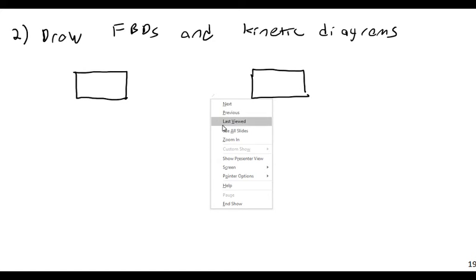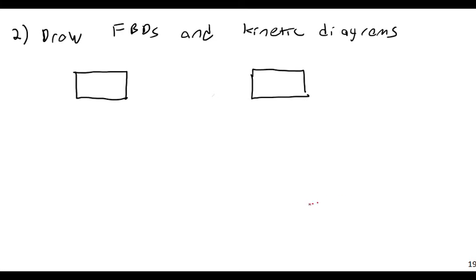I'm going to have for A, well, there's going to be weight, so WA, there's going to be the normal force, Fn, and the tension.